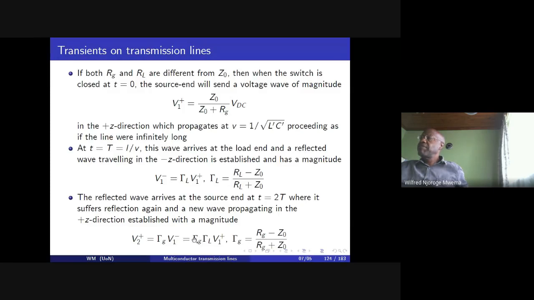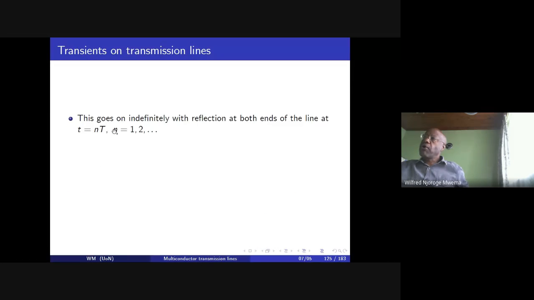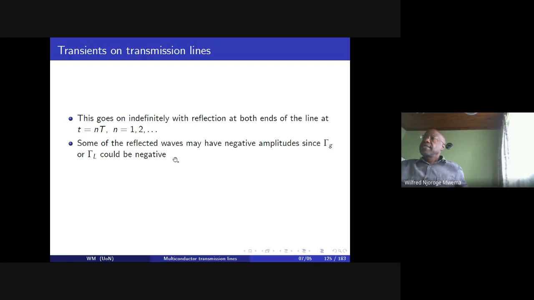This is given by gamma G multiplied by gamma L multiplied by the initial incident wave on the line, with gamma G given by its definition. This goes on indefinitely with a reflection at both ends of the line at t equal to nT, where n is equal to 1, 2, and to infinity. Some of the reflected waves may have negative amplitudes because gamma G or gamma L could be negative or positive.